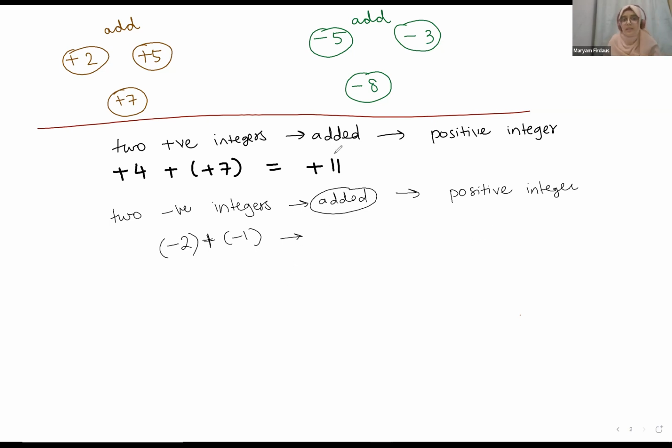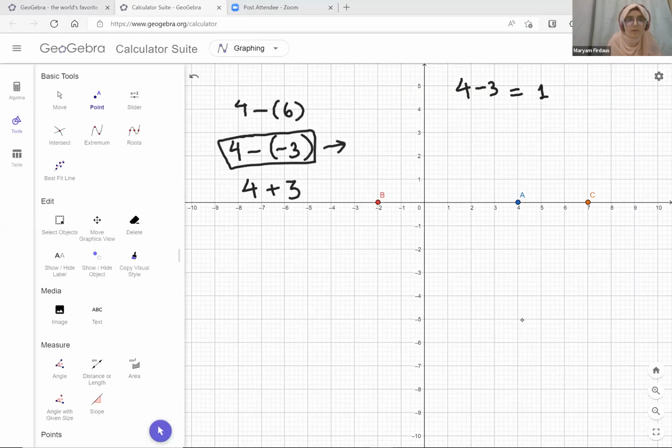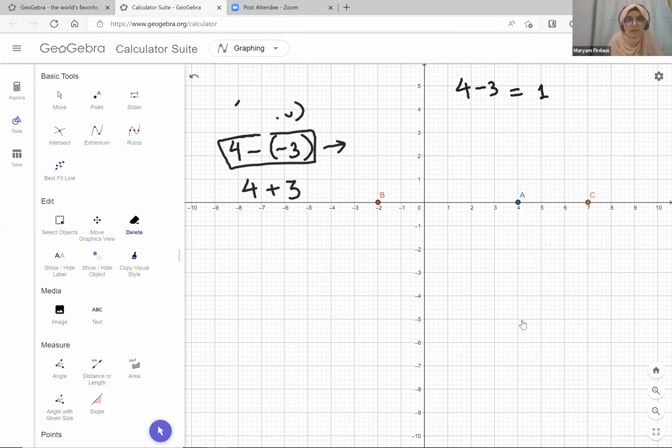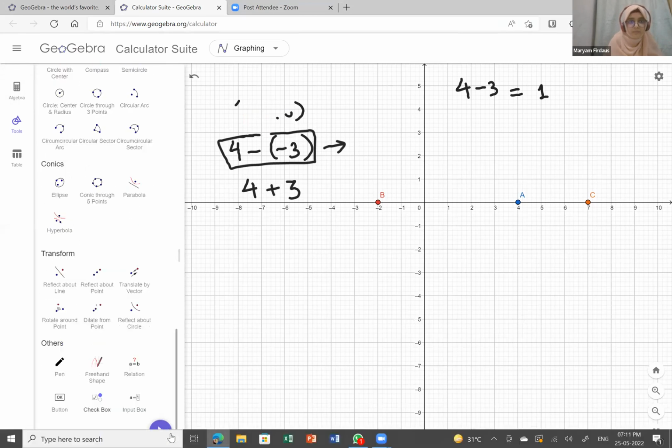Okay, let's take a look at it from our number line. Let me just clear the whole thing. Just a minute.